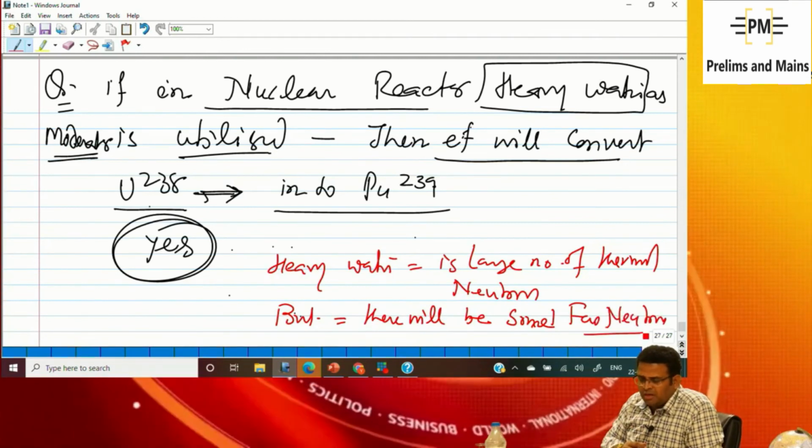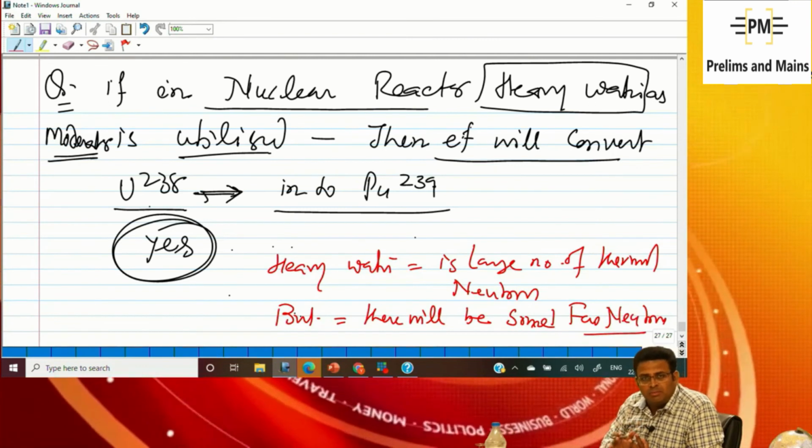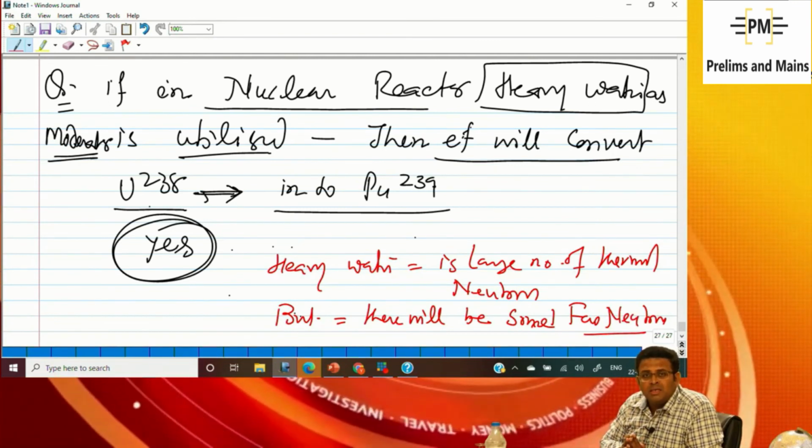The large number will convert into thermal neutrons, but some neutrons will remain fast.